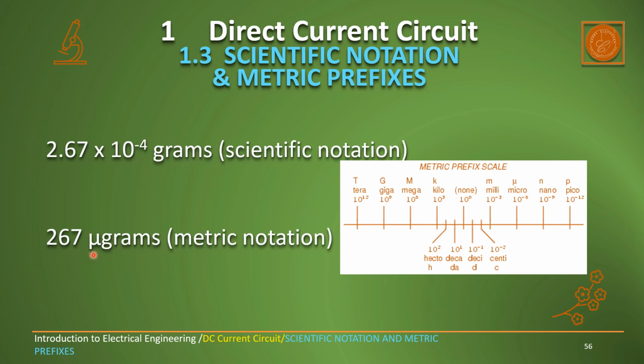With metrical notation we can call it 267 micrograms, because micro here is 10 power minus 6. Minus 6 plus this 2. So this means 10 power minus 4.